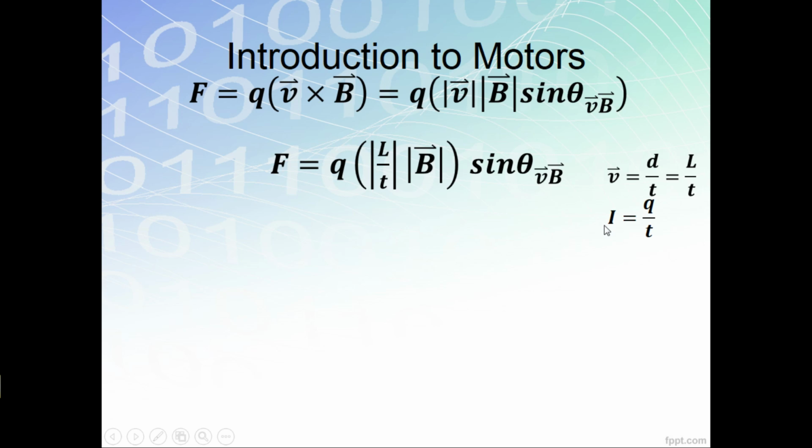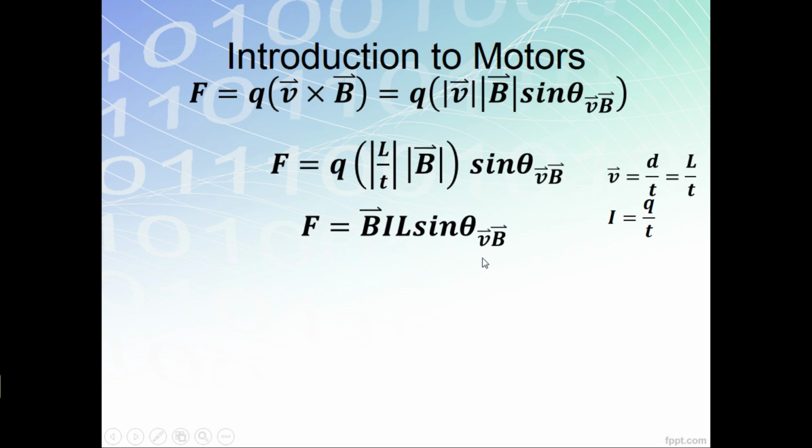But since we know that current is equal to the charge over unit time, we can replace this Q over T here by I. Then we will have this equation. So force is equal to BIL sine theta, wherein this force vector is perpendicular to both the velocity and the external magnetic field.